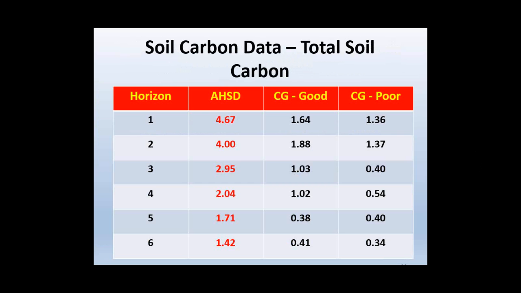on each of these 3 operations, and these happen to be located in Mississippi, but we're doing this with Team Soil Carbon throughout every region of the U.S. This data was collected last fall. The CG Good is a conventionally grazed, what we would consider to be good or well-managed conventional grazing operation, where cattle are rotated once every 2 weeks, 3 weeks, something like that.